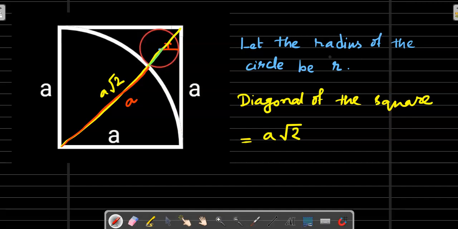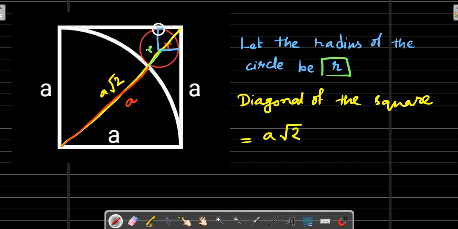Now we assume that the radius of the circle is R. So this green length is R. Now you observe one thing. You see that this length is R because this is another radius of the circle. Also you see that this length is also R because this is also a radius of the circle.